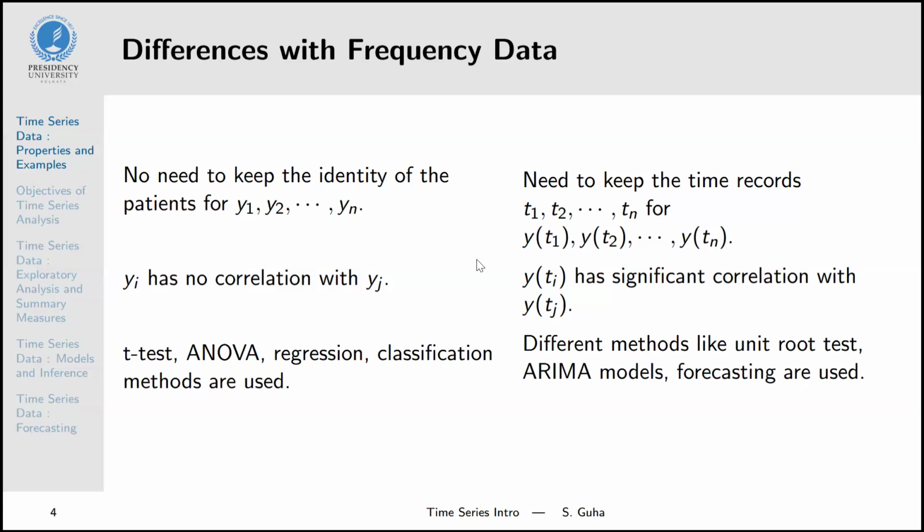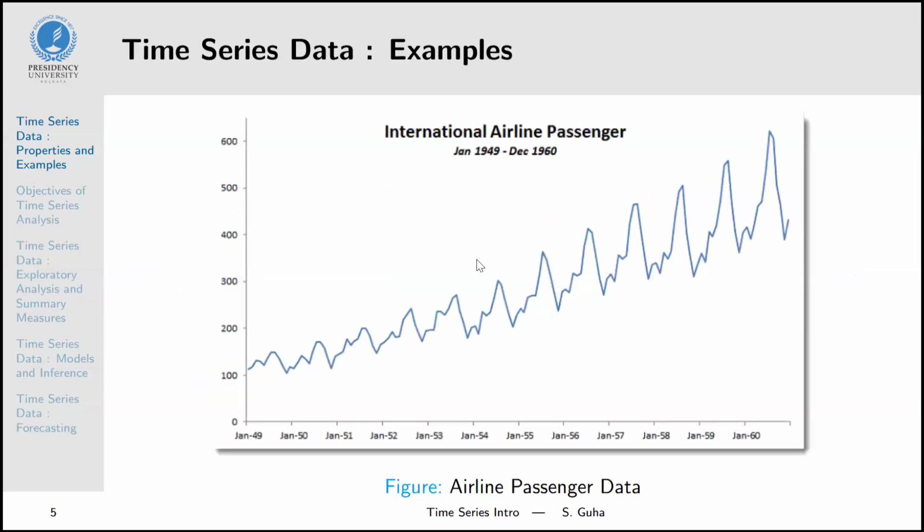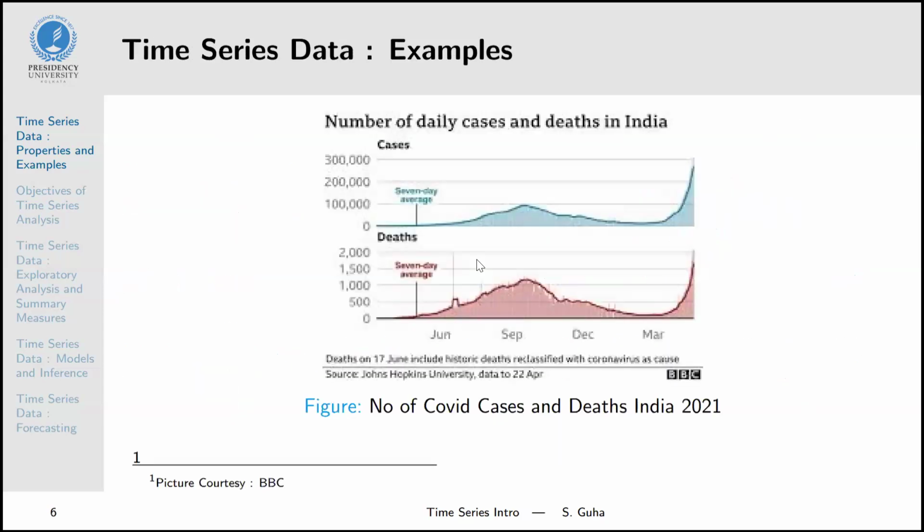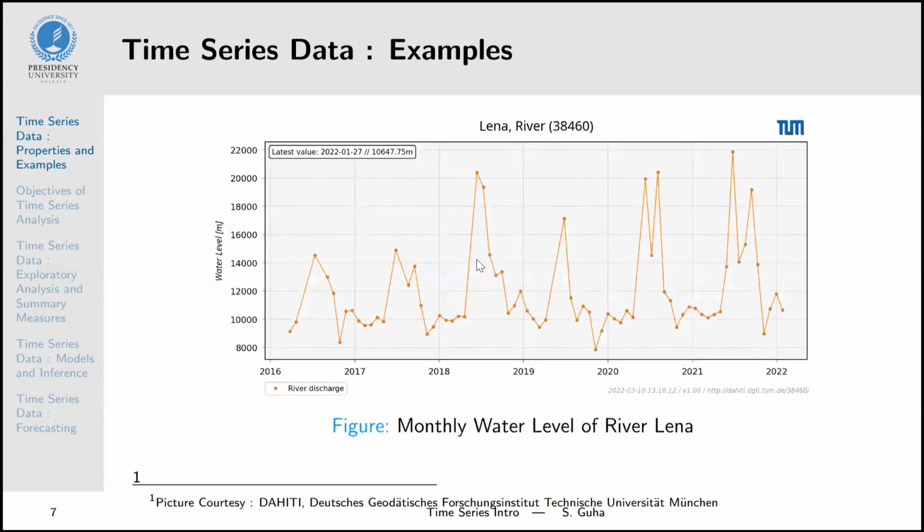If you come up with such a data set, the models that I'll be talking about won't be applicable. There are different models for non-equispaced time series data. So in our course, we'll implicitly assume that the time series data is equispaced.